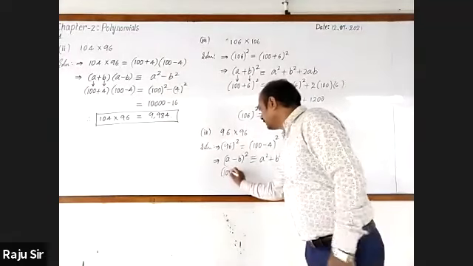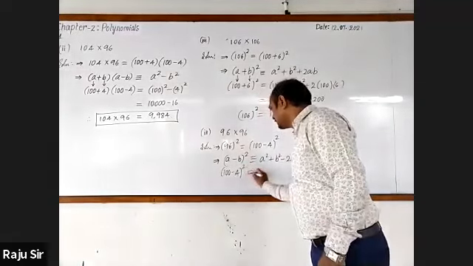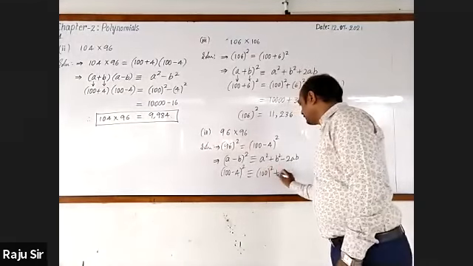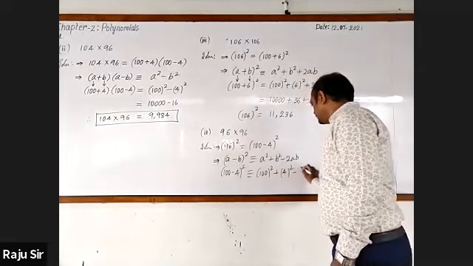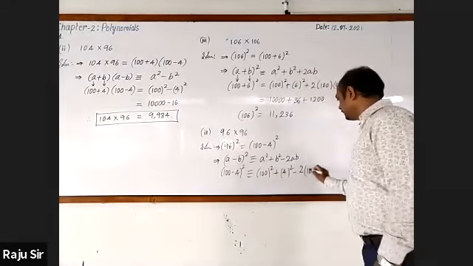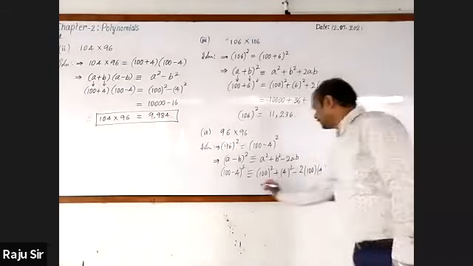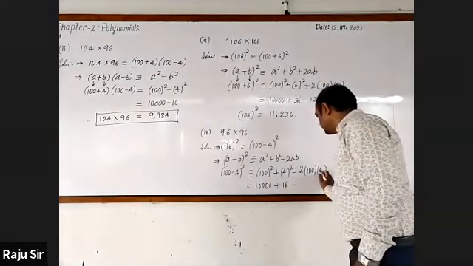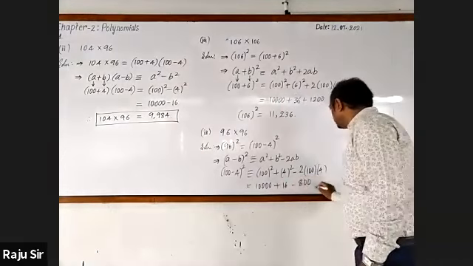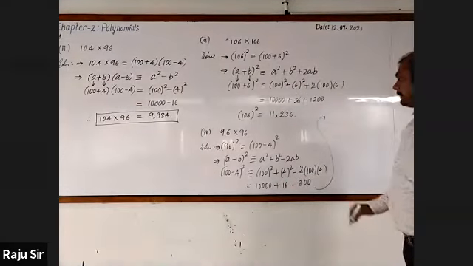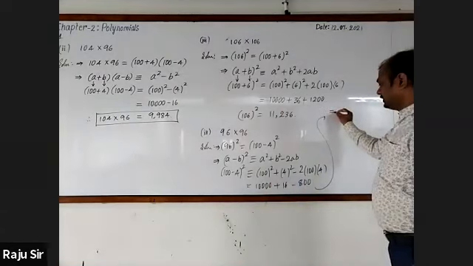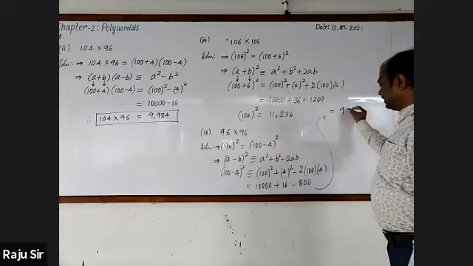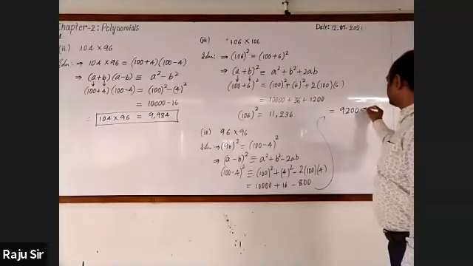Then 100 minus 4 whole square is exactly equal to 100 whole square plus 4 whole square minus 2 into 100 into 4, that is 10,000 plus 16 minus 800. Then it is 9,200 plus 16.